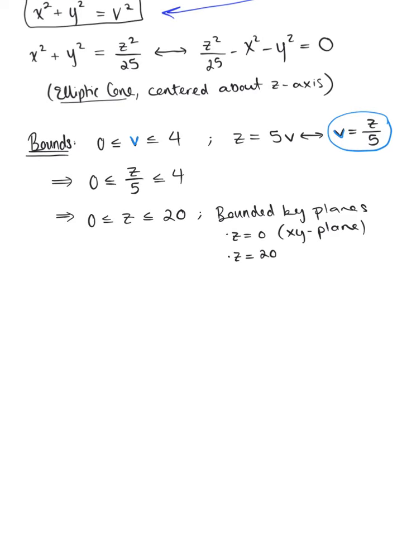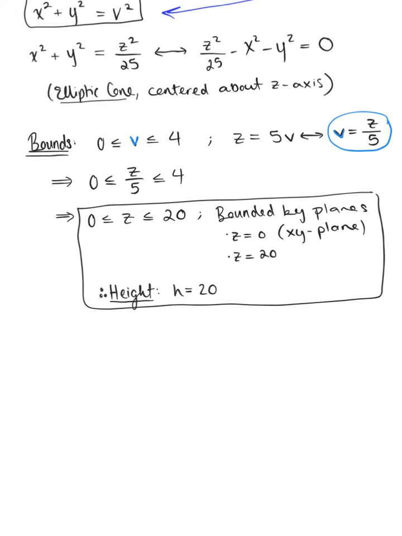Using this, we can say that therefore the height of this cone is going to be 20 units, or h is equal to 20. So we've used those v bounds to find the height, and we can now use this maximum height to find the radius at the widest point.